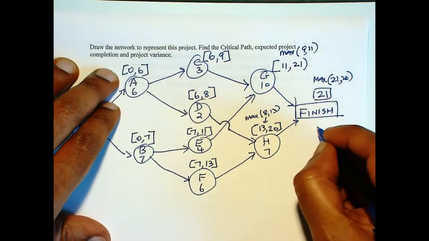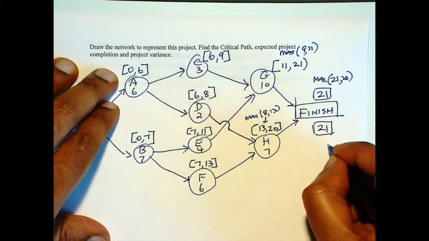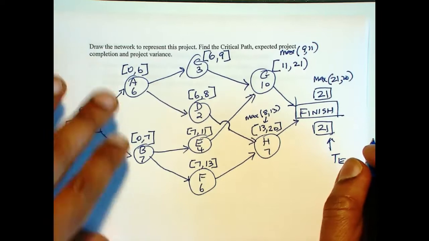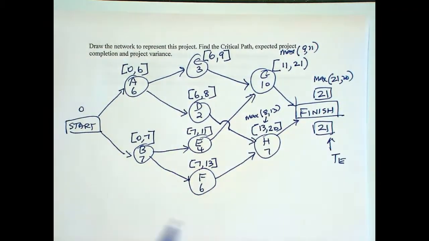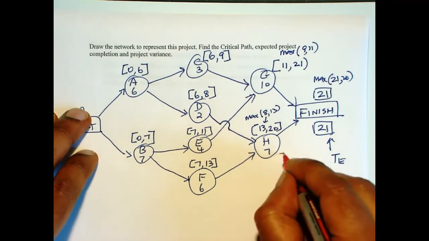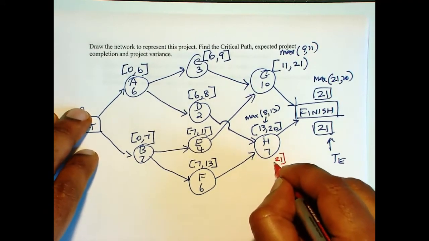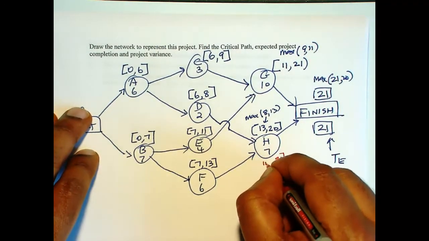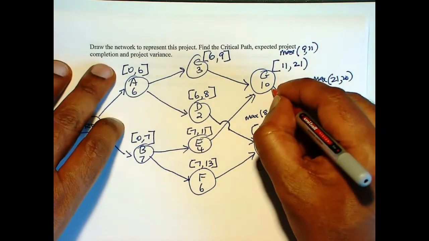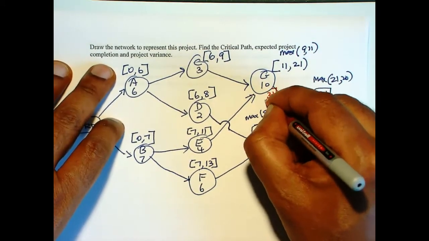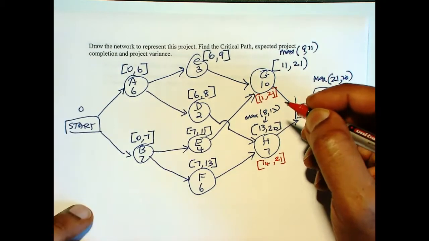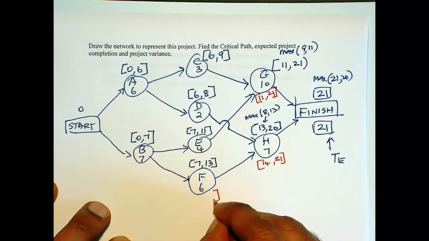So we have 21 minus 7 is 14. Here it is 21 minus 10 is 11. And here it is 14 minus 6 is 8. Here it is 11 minus 4 is 7.